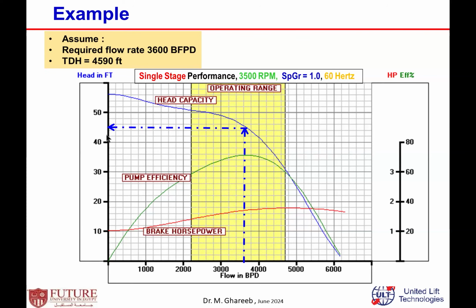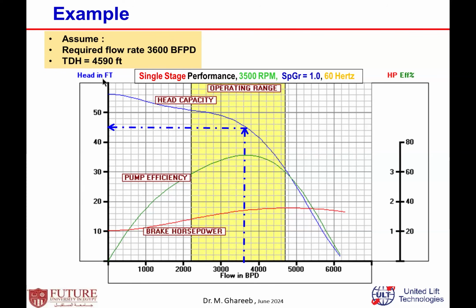If you look here, it's around 45 feet. Then each stage of this pump can lift 45 feet. Then how many stages are required to lift 4,590 feet of total dynamic head?